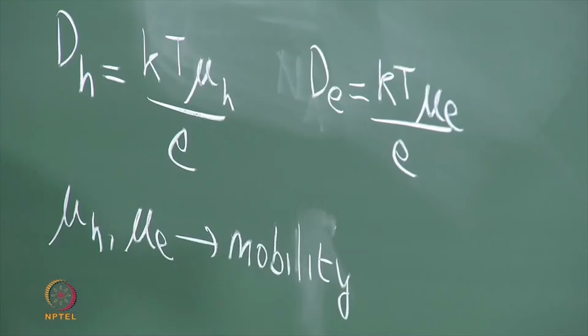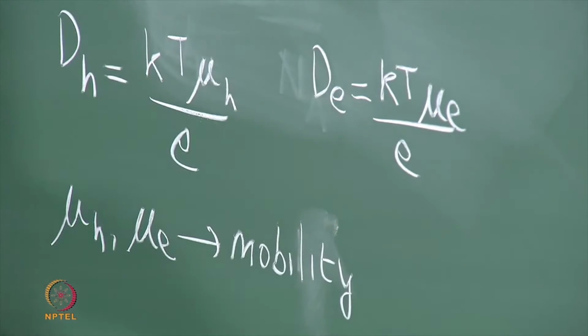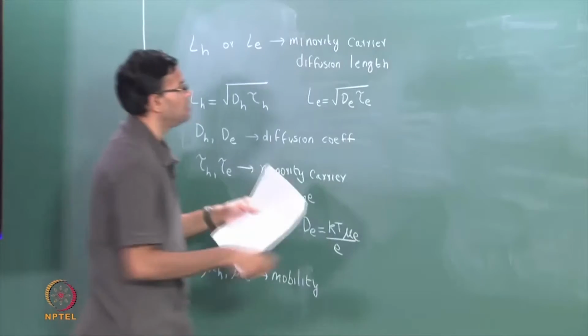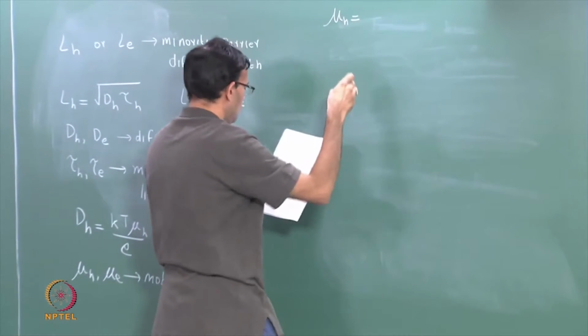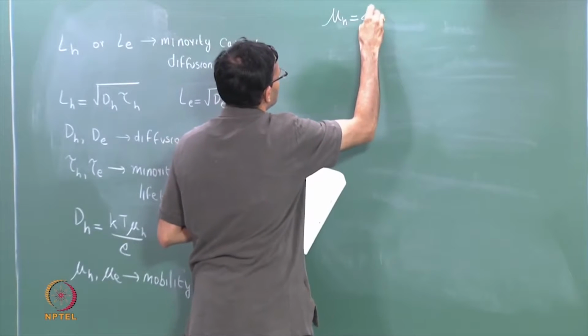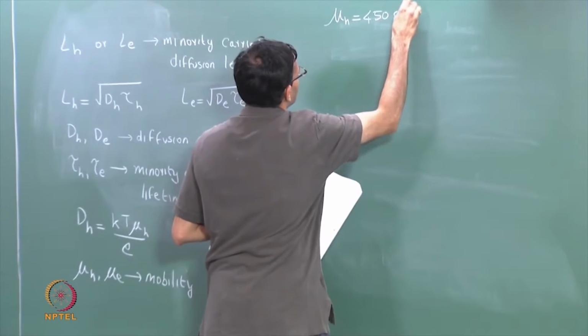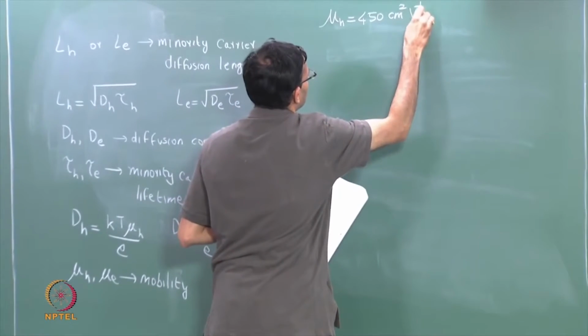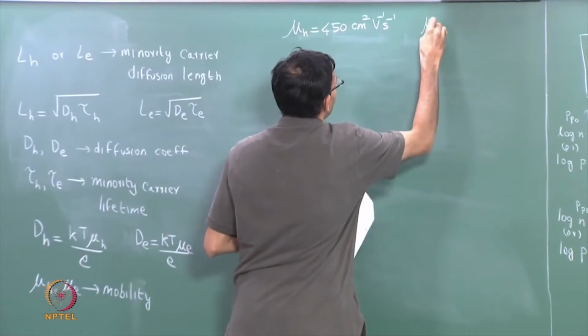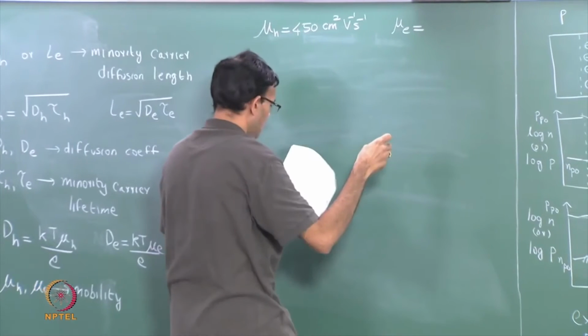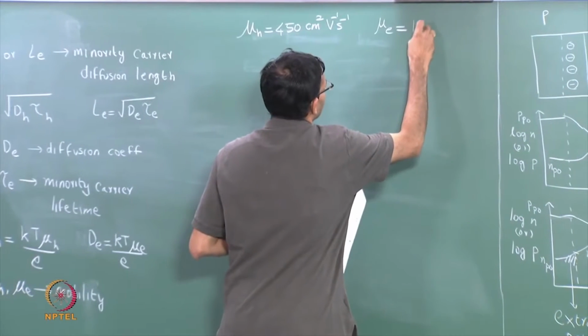So, let me just put down some numbers. In the case of intrinsic silicon, we had mu_h to be 450 centimeter square per volt per second, and we had mu_E to be 1350.